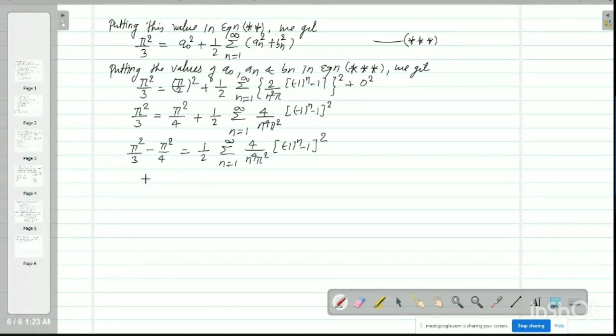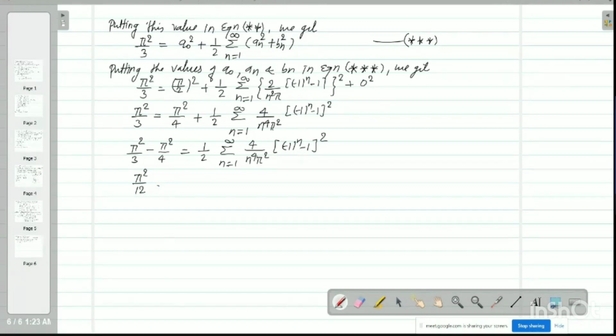Now simplify this. Just take the LCM: 4 times 3 is 12, so this is simply pi square by 12. Cross multiply: here 4, here 3, so 4 minus 3 is 1, so this is pi square by 12.